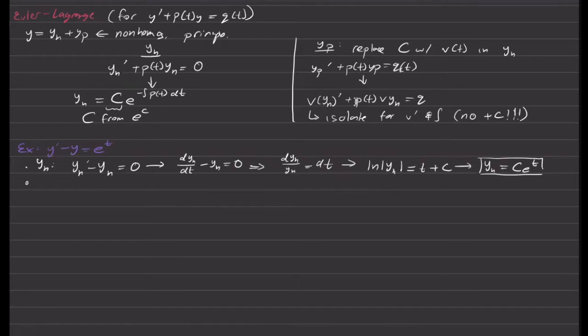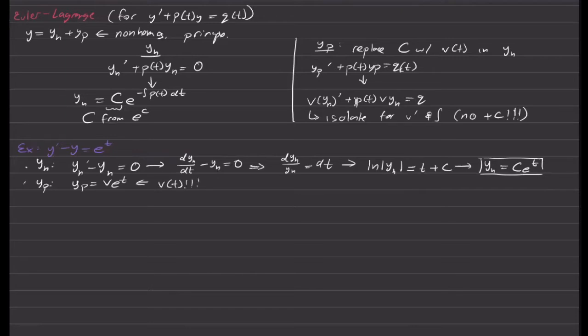Now let's solve for our particular solution, y sub p. We're going to take our solution here and replace c with v times e to the t. Just remember, this is v of t. It's a function. It's not a constant.